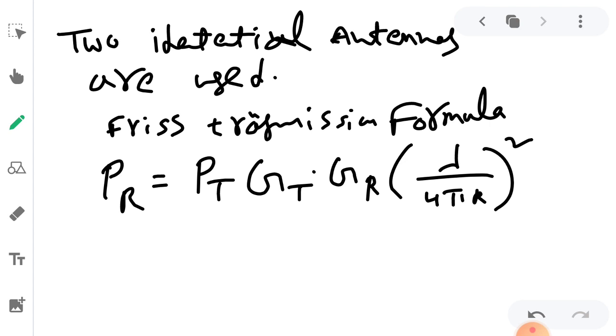I am again repeating, PR is the power received, PT is the power transmitted, GT is the gain of the transmitted antenna, GR is the gain of the receiver antenna, lambda is the wavelength, and r is the distance between the two antennas.